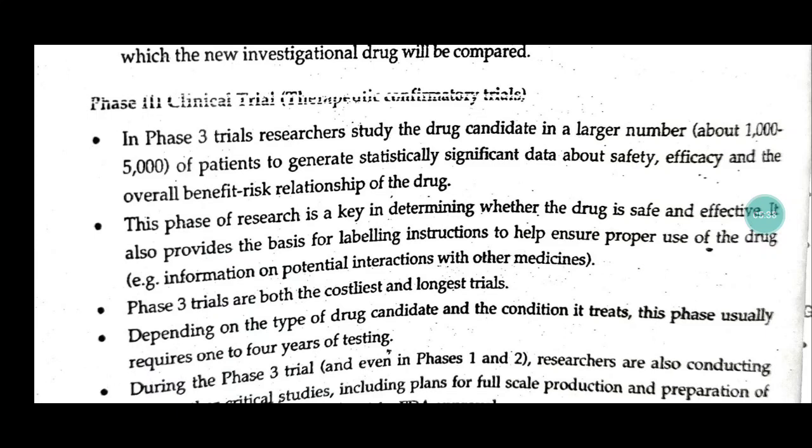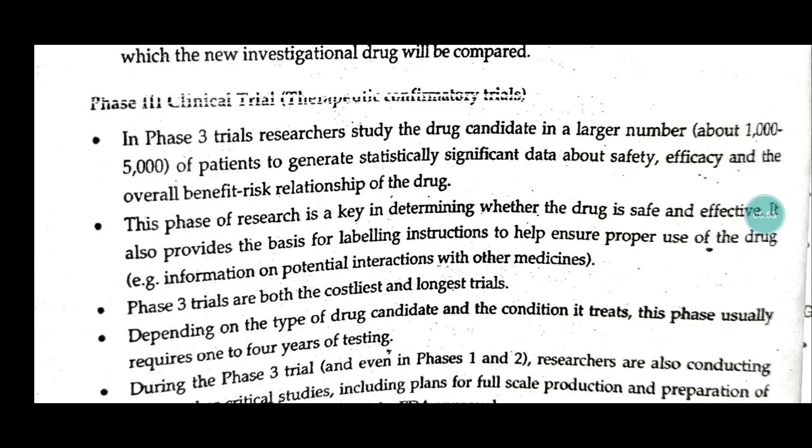In phase 3 trials, there are both costly and lengthy trials. Depending upon the type of the drug candidate and the condition it treats, this phase usually requires 1 to 4 years of testing.